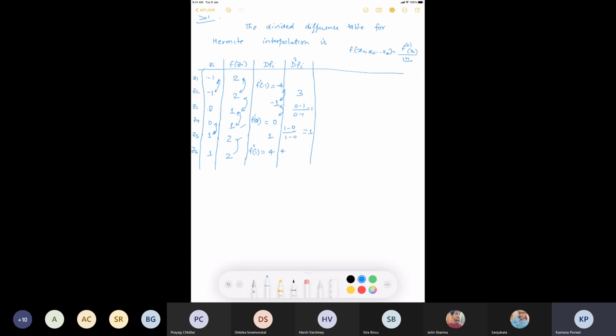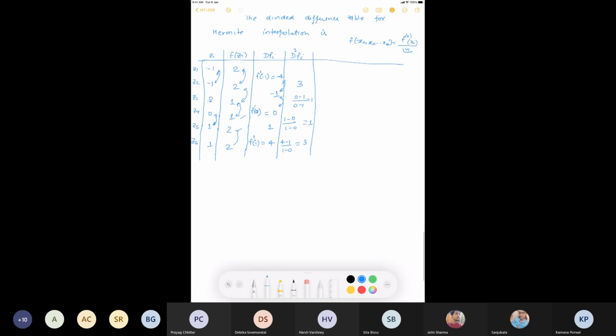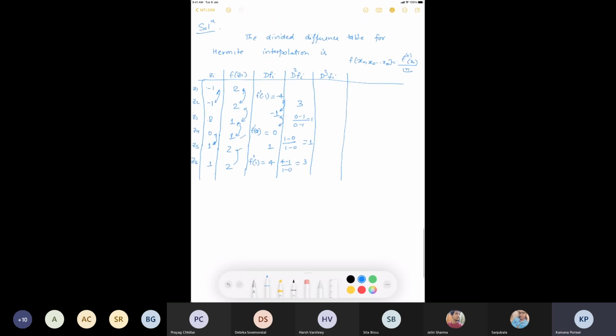And then this is 4 minus 1 divided by 1 minus 0, so this is 3. Okay, so like that, you can complete this table. Next I will have 1 minus 3 divided by 0 plus 1, so this is -2. Then 1 minus 1 divided by something; anyway, 1 minus 1 is 0, so this is going to be 0. And then I will have 3 minus 1 divided by 1 minus 0, so this is going to be 2. Okay.